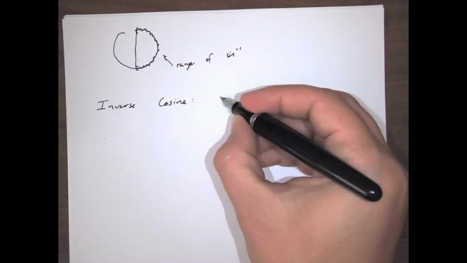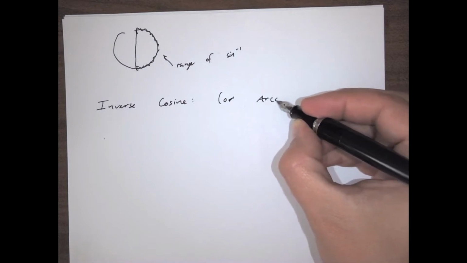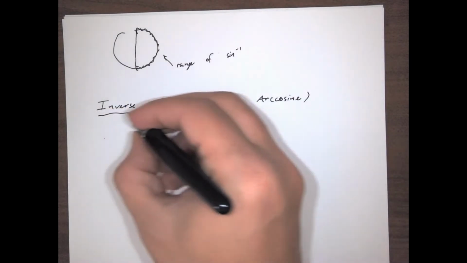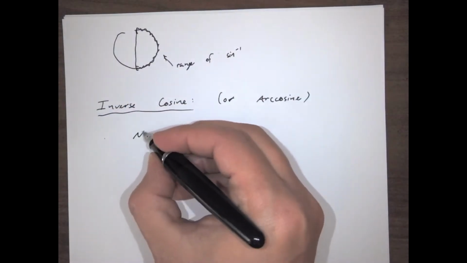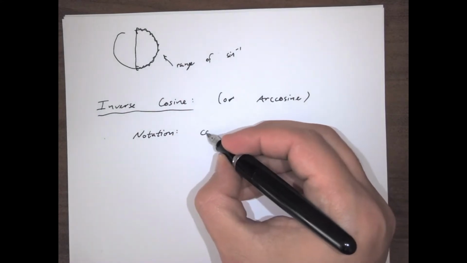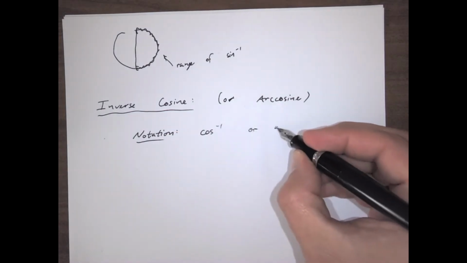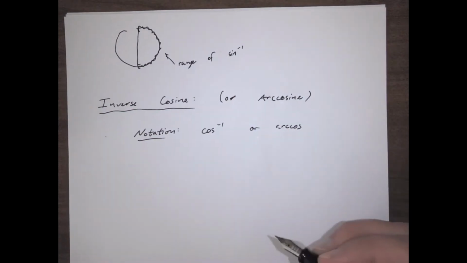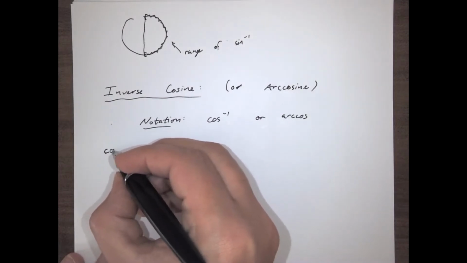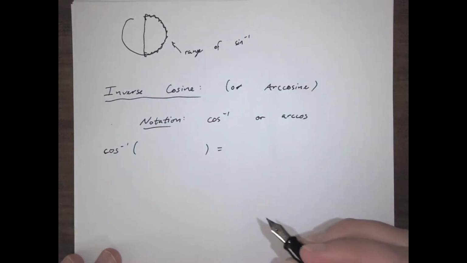Inverse cosine, or arc cosine. Again, the notation is cos inverse, or arc cosine. So what it gives is an unknown angle that achieves some cosine.